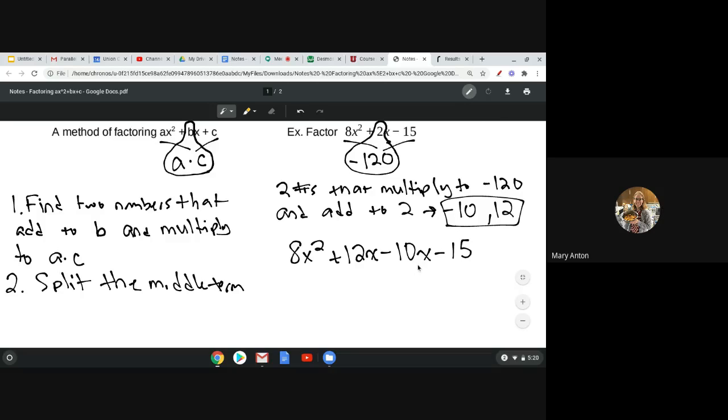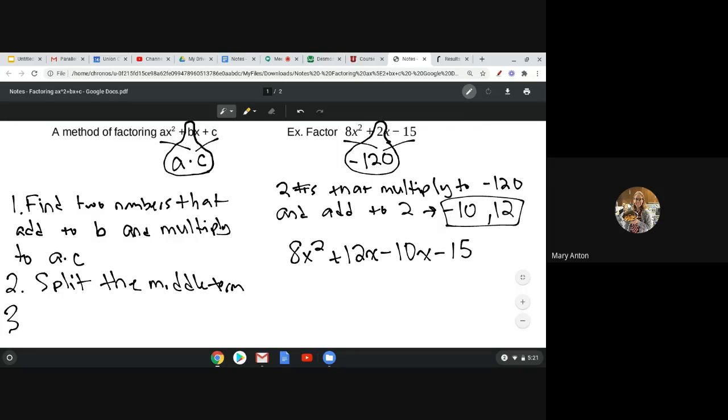I replaced this 2x with a 12x minus a 10x because if we simplify this, what's 12x minus 10x? That's just 2x. So I didn't really change the value of this expression. We're just manipulating it so that we can factor it. And now we split the middle term.